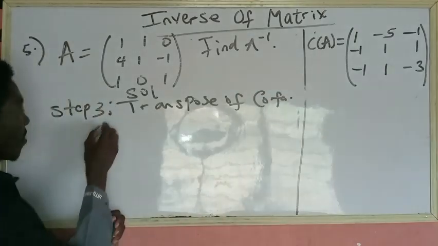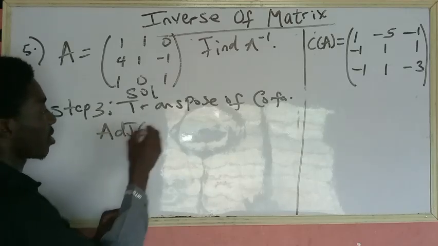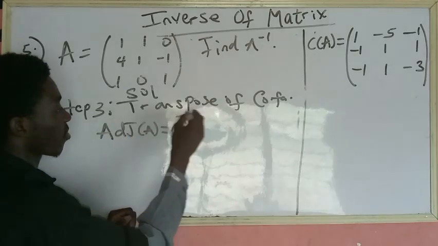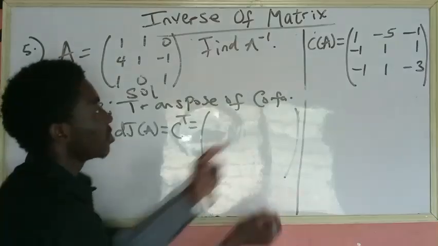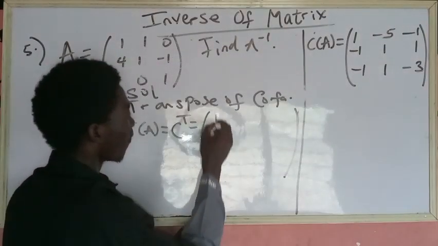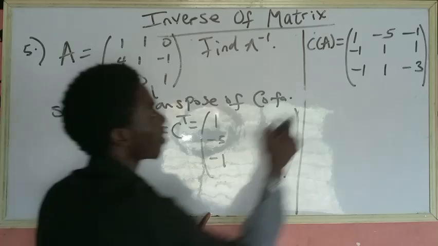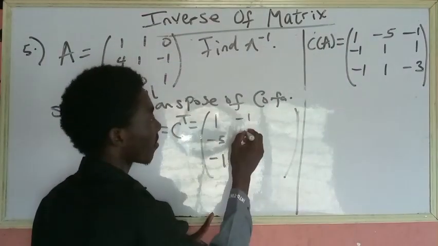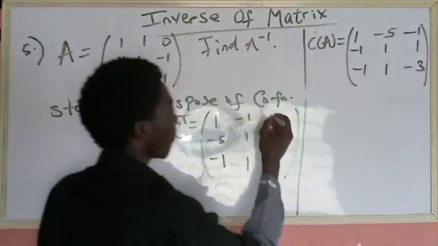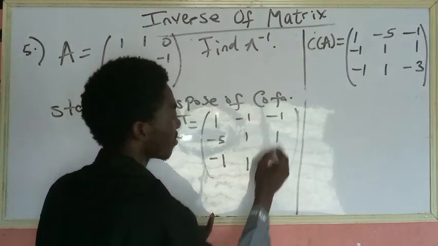So my adjoint of A is equal to the transpose of cofactor, and that is this. So I turn the row to column. 1, minus 5 and minus 1. This goes to column: minus 1, 1 and 1. This goes to column: minus 1, 1 and minus 3.